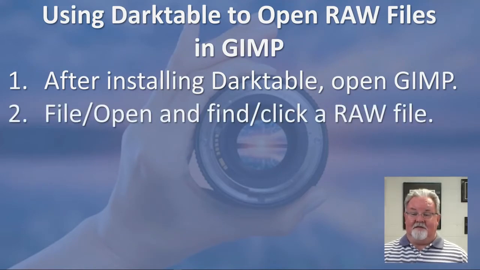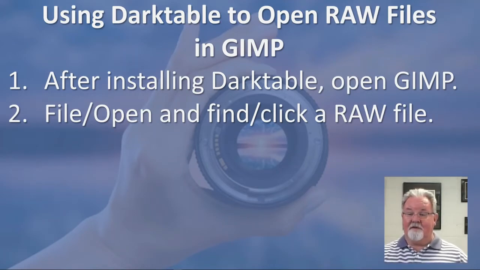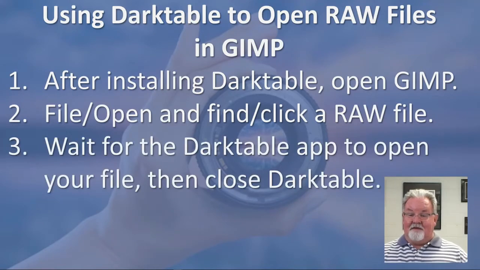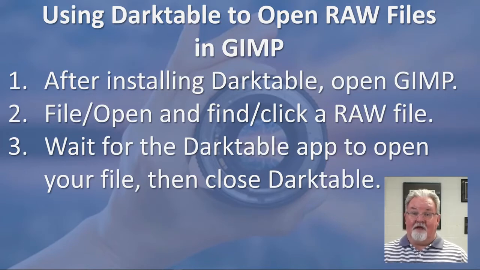Then you click File, and you click Open, just like any other Windows-based program, and then you go to a place where you have your raw files. And by the way, this part's the same with JPEGs. You go to where your photo files are, and you click on a raw file and click on Open, and you wait for the Darktable app to open your file, because that's what's going to happen.